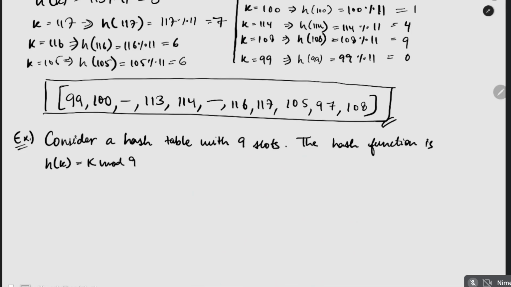So basically, we are told to use the division method. Right? We are given the division method of hashing. The collisions are resolved by chaining the elements, right? Not linear probing this time.